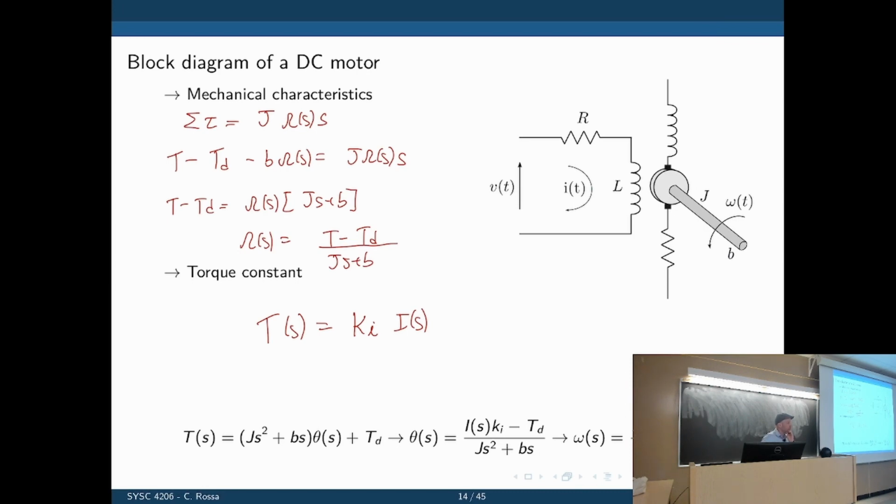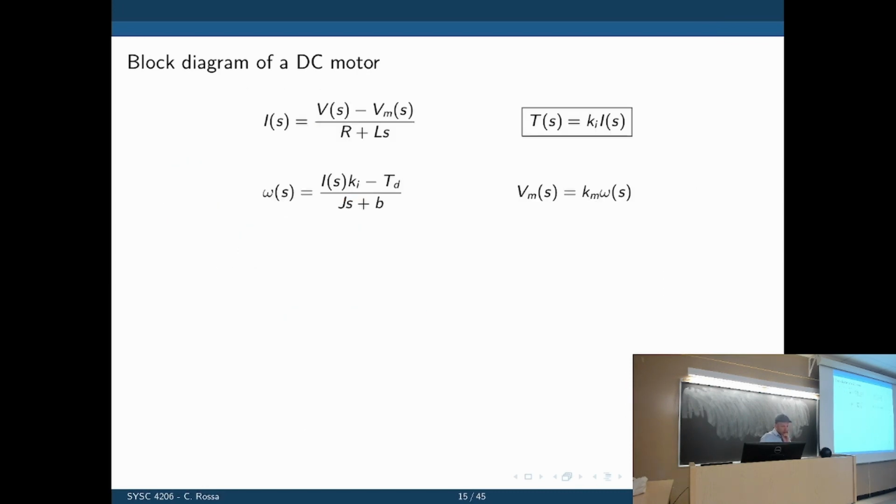Okay. All right, so we have 4 expressions, and we can create a block diagram for this motor to better understand what's going on. Well, how do we start our block diagram? Perhaps from the input. What's the input? From the DC motor, the input is the voltage.